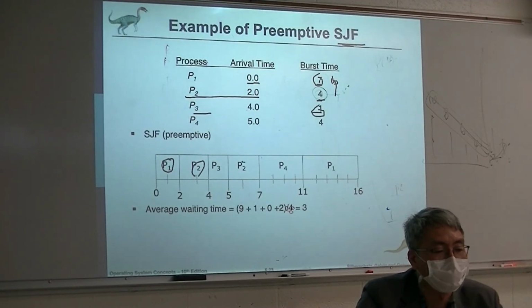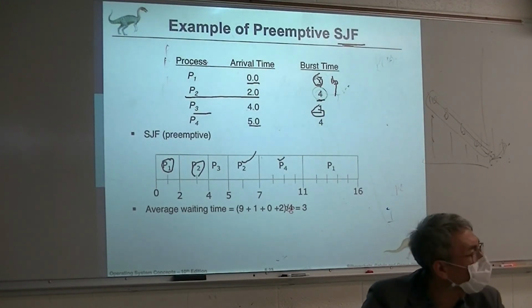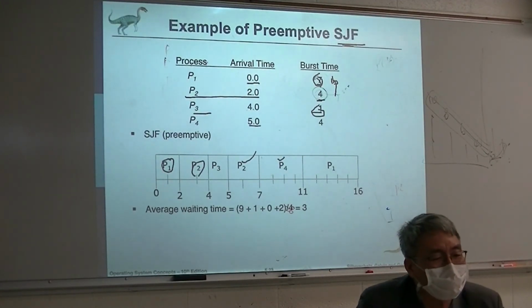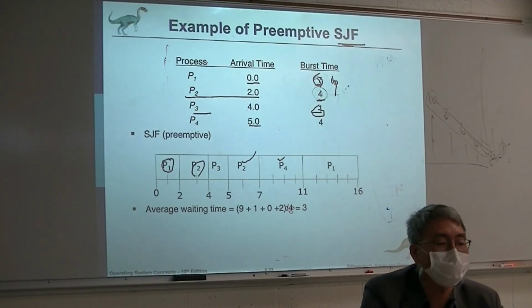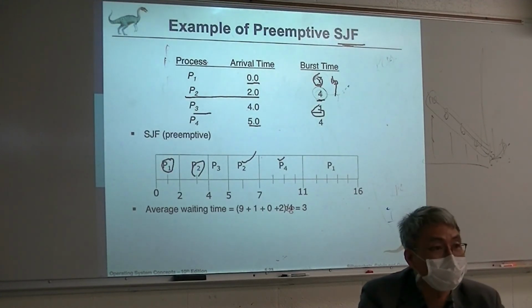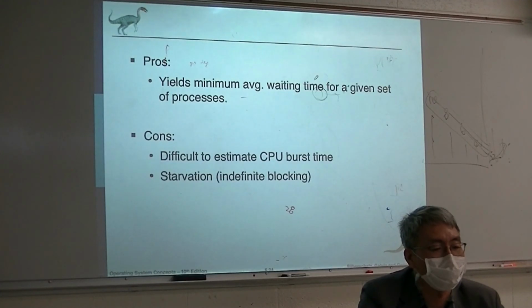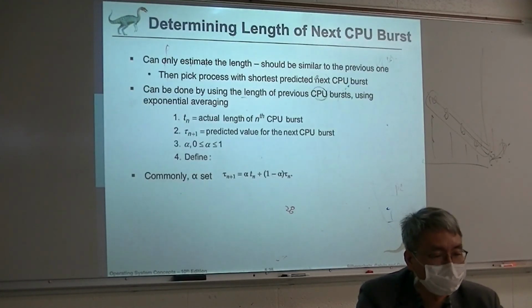Then P2. And when P4 arrives, it will be selected because P1 has 7. So this is also not fair, even though it's preemptive. So we can consider the remaining job instead of the shortest job.